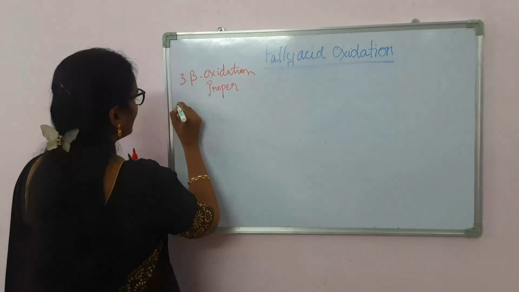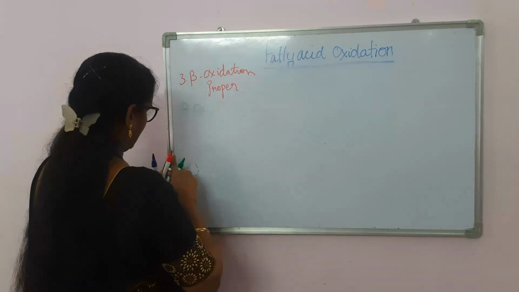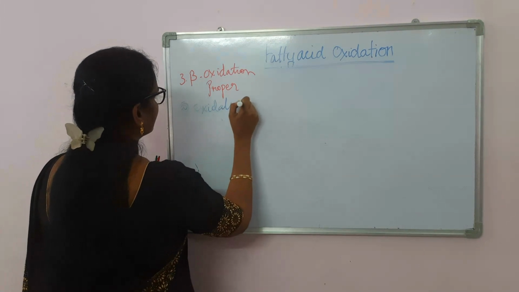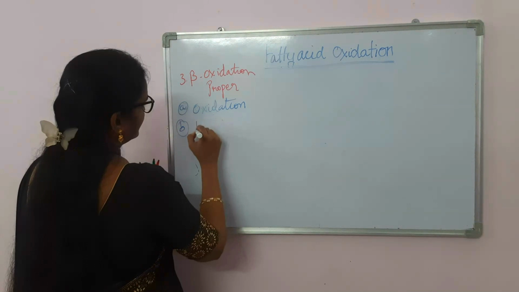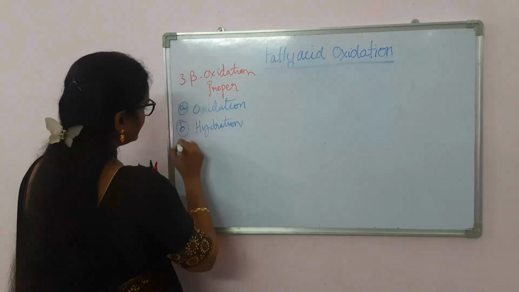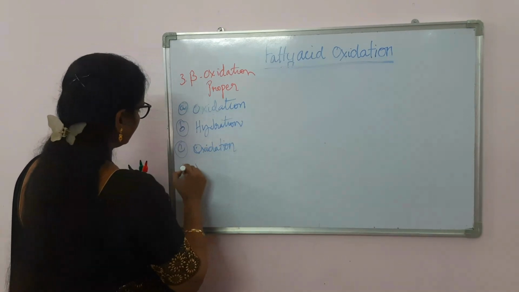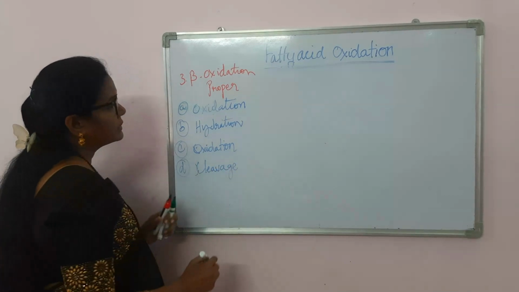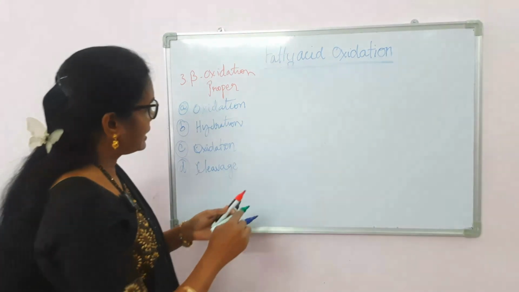First one is oxidation, and second is hydration. Then third step is again oxidation, and fourth step is cleavage. These are the 4 steps that are involved in beta oxidation proper.